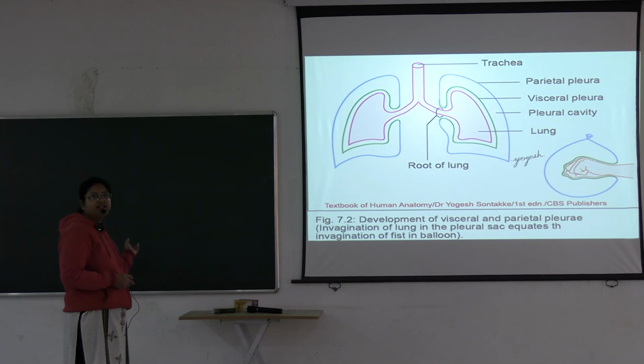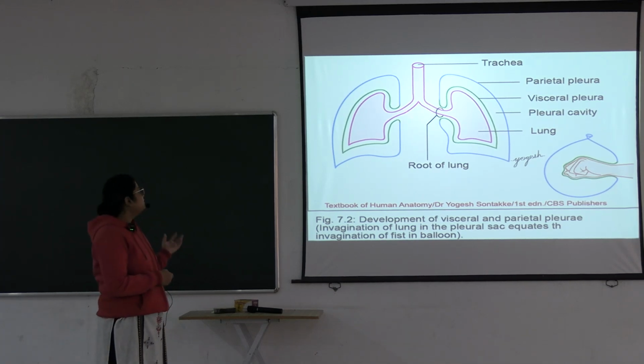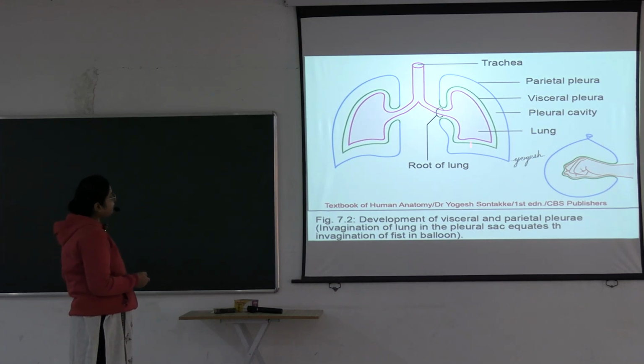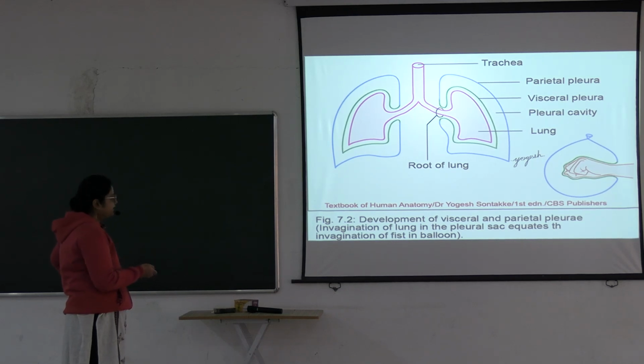So if pleura can come as a short note, okay, parietal or visceral pleura, so you practice a schematic diagram like this. So lung tissue, this green portion representing visceral pleura, the blue one representing the parietal pleura, and here are the lung roots of the lung, where the trachea is bifurcating into two principal bronchi.